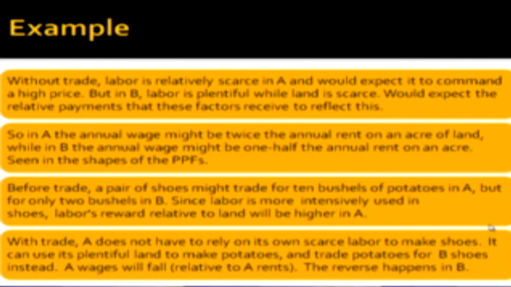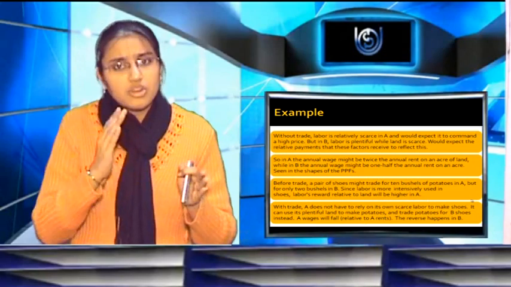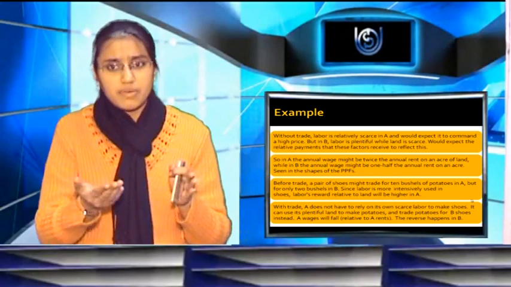Now, in this theorem, we state an example again with the help of country A and country B. Initially, without trade, they have restricted payment. Now, in A the actual wage might be twice the annual rent of an acre of land. We assume that A is good in land, so the rent is nominal or minimum.